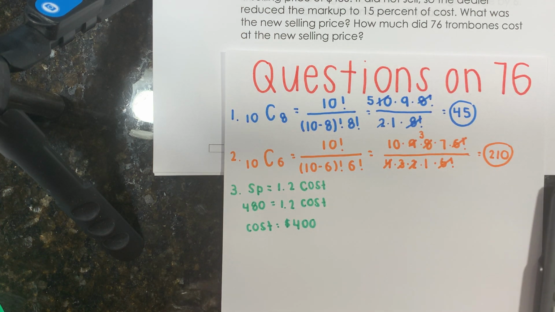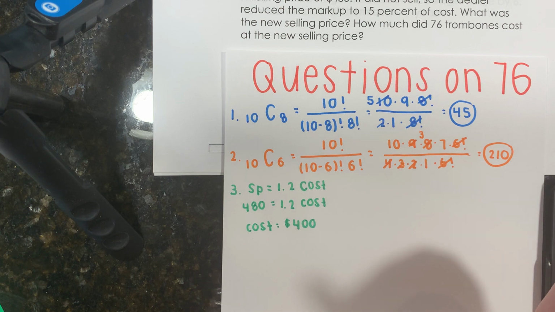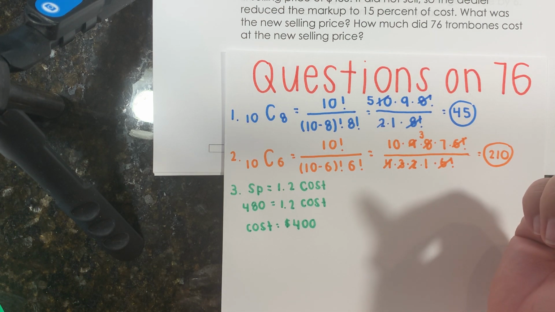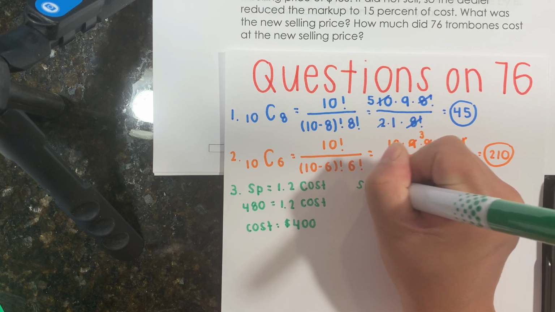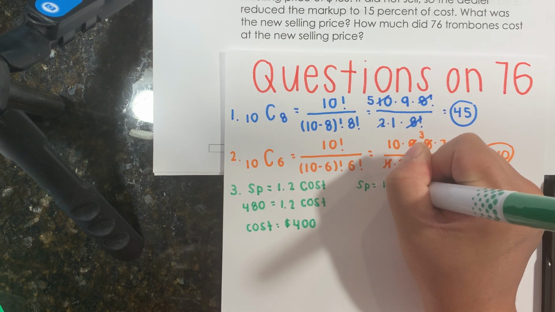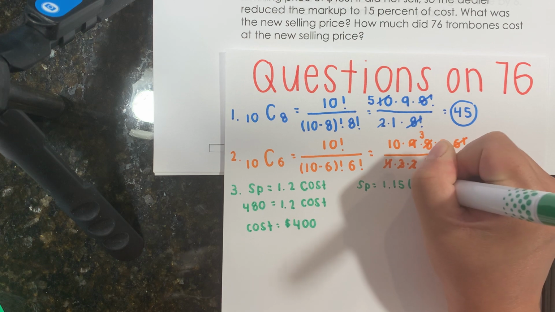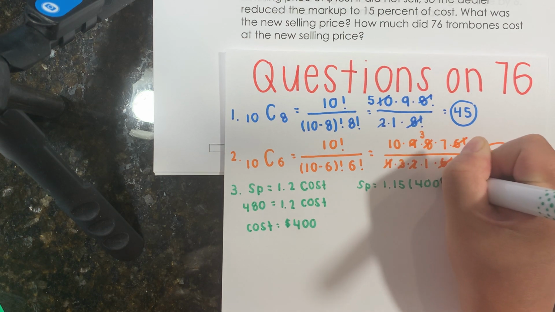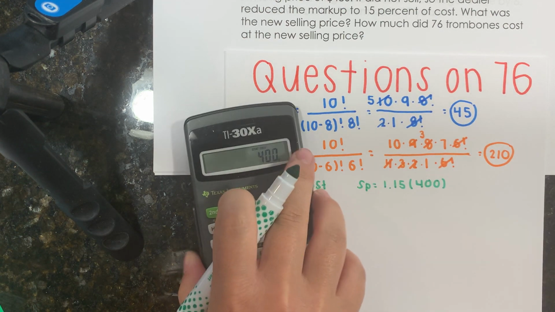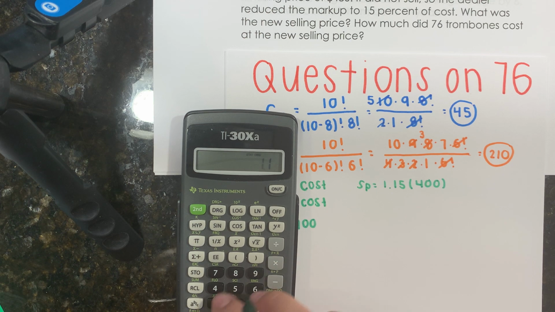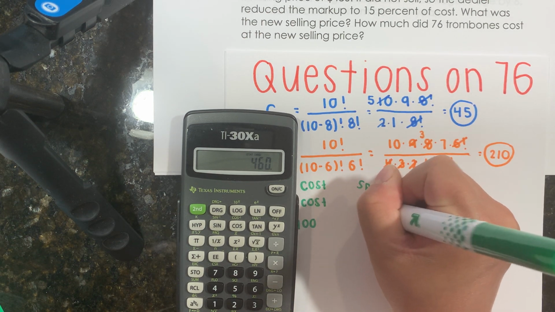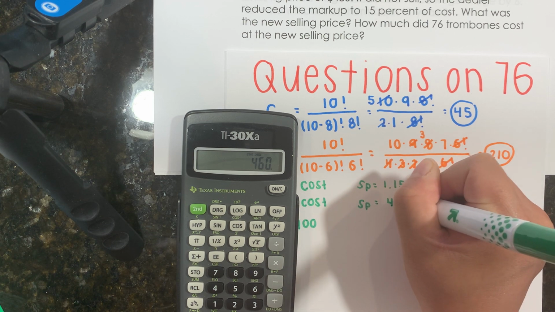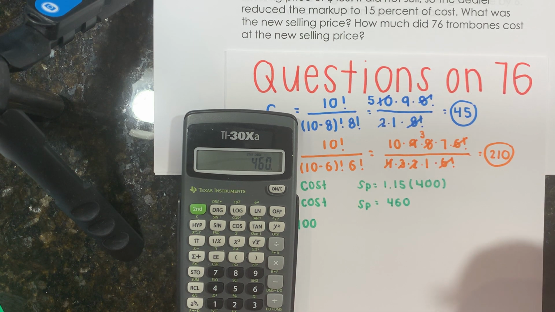Okay. But then it says it did not sell, so the dealer reduced the markup to 15% of the cost. What was the new selling price? So the selling price would be equal to 1.15 of the cost, which is 400. So multiply that by 1.15, and that's going to give you a selling price of $460.